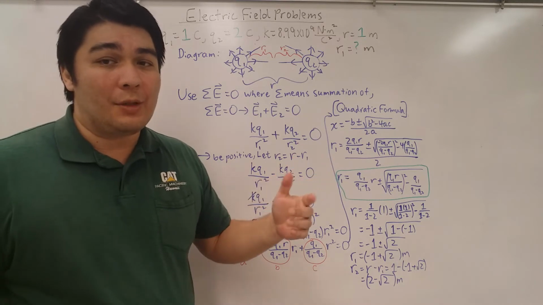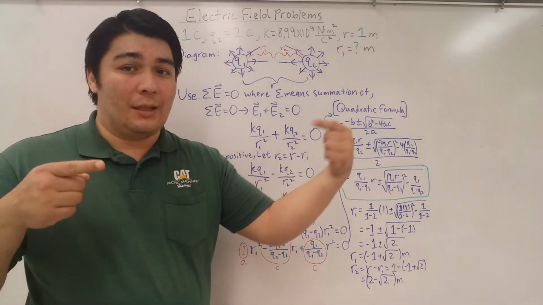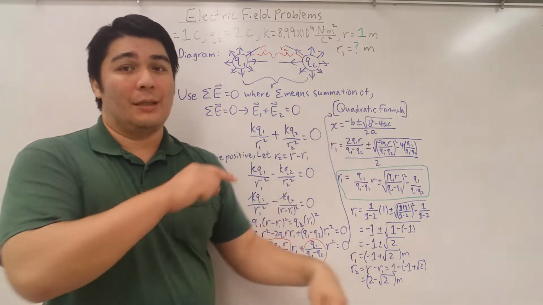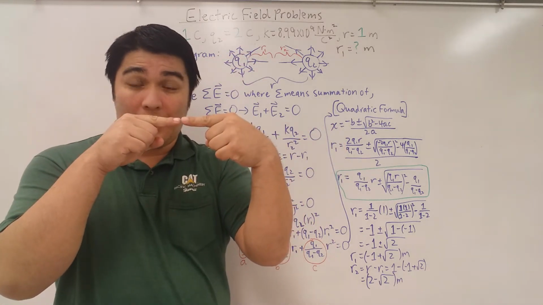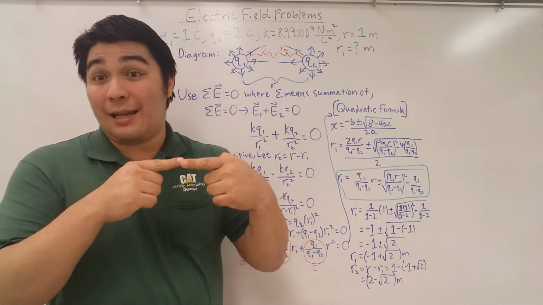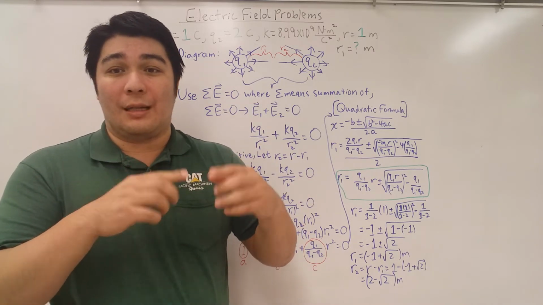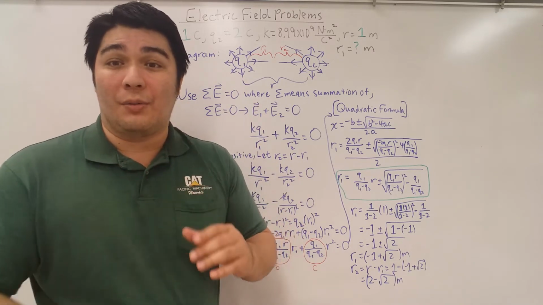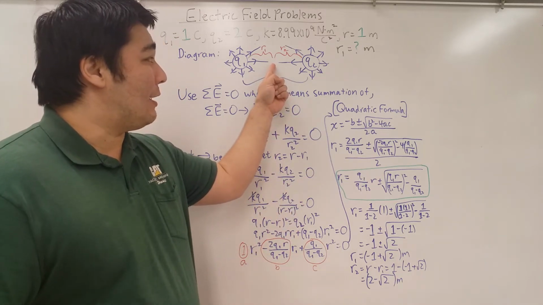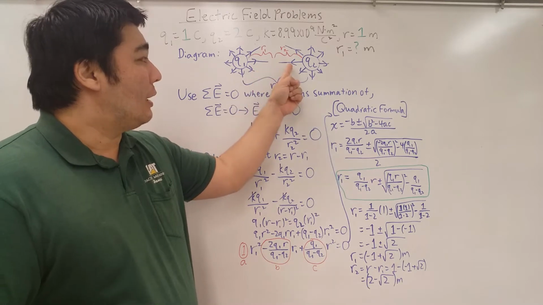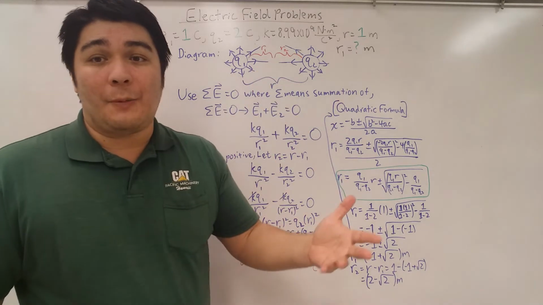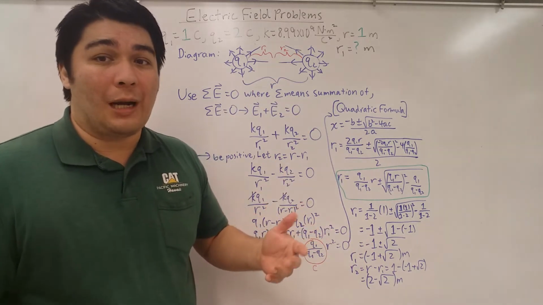You can probably see that because you've got electric fields coming out this way and electric fields coming out this way, so there's going to be a point where they clash. When they clash like this, they cancel each other out, and you get a net electric field of zero in that area. It could be directly in the middle, a little bit more towards Q1, or a little bit more towards Q2. It really depends on the specifics of the problem.